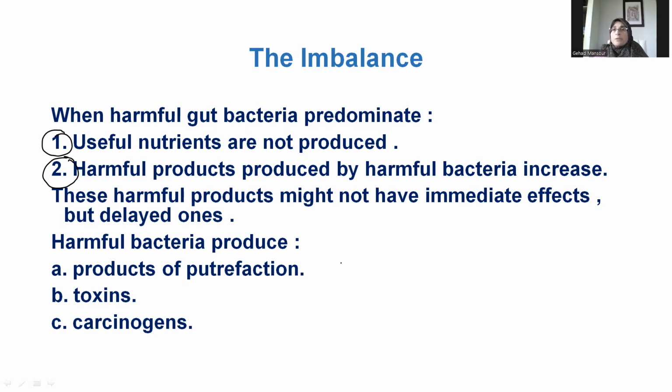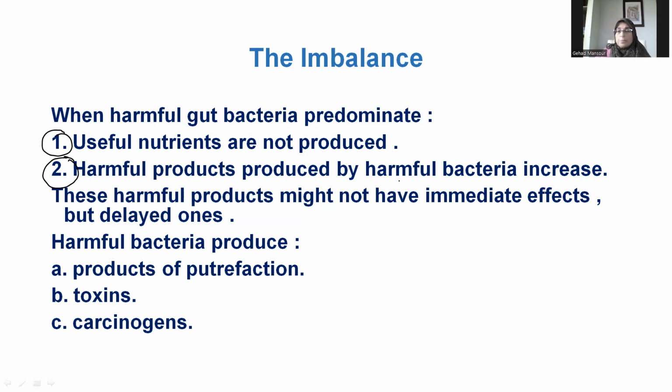And you might not notice the effect of these harmful pathogenic bacteria and their toxic products on the spot, but their cumulative effect will result in delayed results. By delayed results, we mean complications that will occur later on.